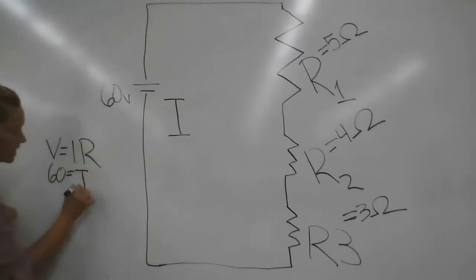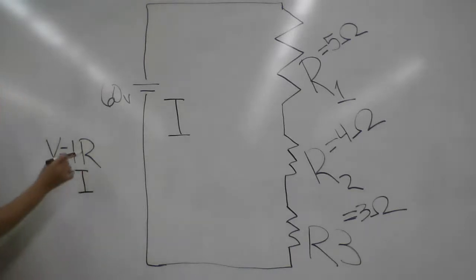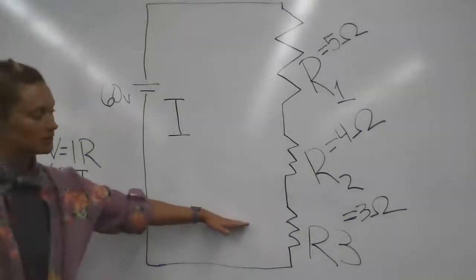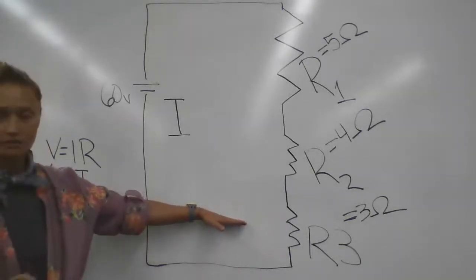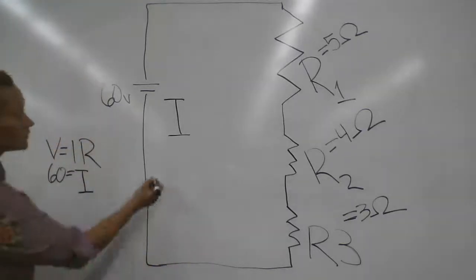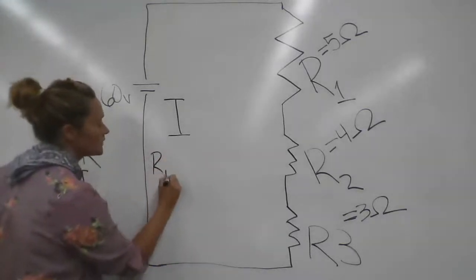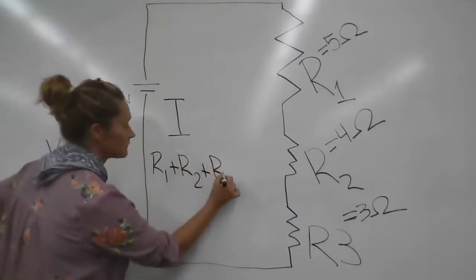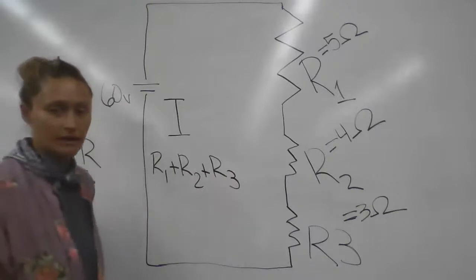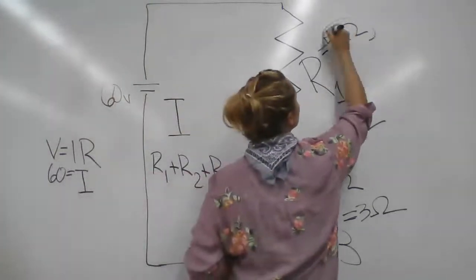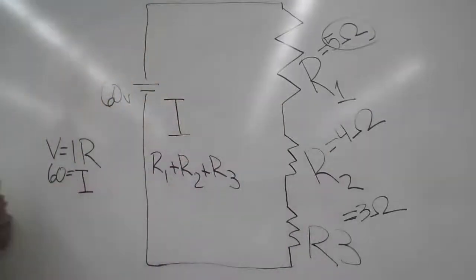We're looking for our I. And in a circuit like this one, when you have your resistances in series, you want to add the total resistance. How you do that is we're going to add R1 plus R2 plus R3. So simple as that, okay? So we have, remember, we have 5 ohms. Wish I had another color.